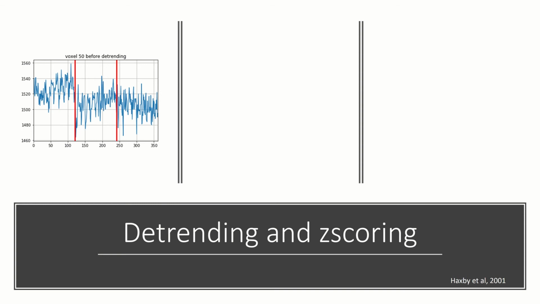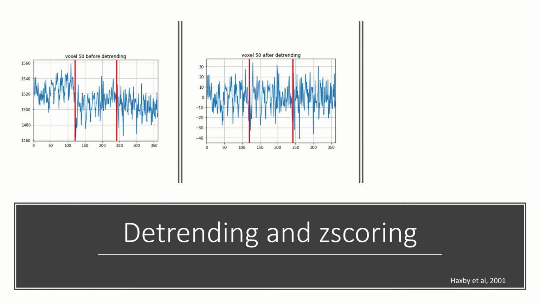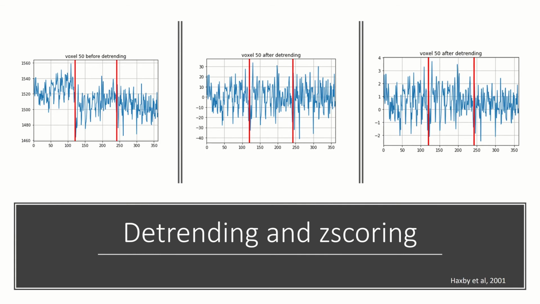Often the tasks are split up into different runs. So that's what the red lines are, and you can see over time it starts to increase for each of them. So detrending just removes those trends, and then z-scoring drops it down to a 0 mean and creates a standard unit. So an increase in activation of 1 means the same thing at each voxel and for each person.